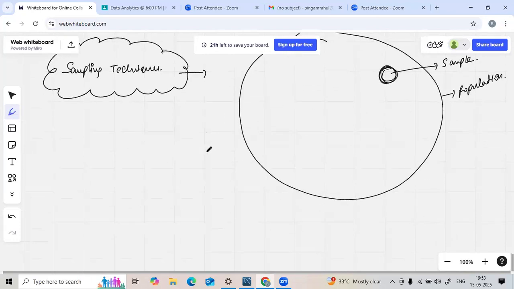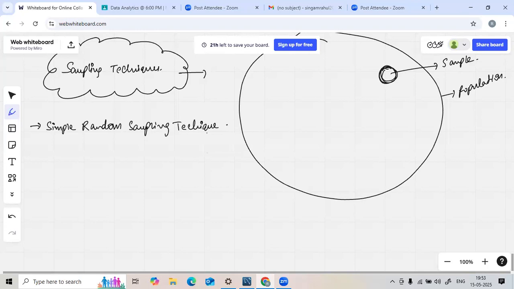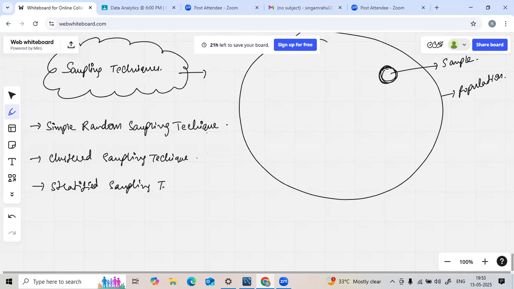We have something called the simple random sampling technique, and the other one we call the clustered sampling technique, the stratified sampling technique, the systematic sampling technique.